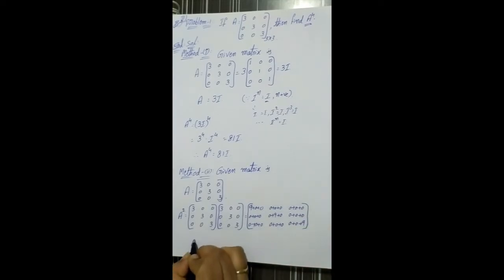Then we get A square equal to 9 0 0, 0 9 0, 0 0 9. This is A square value.